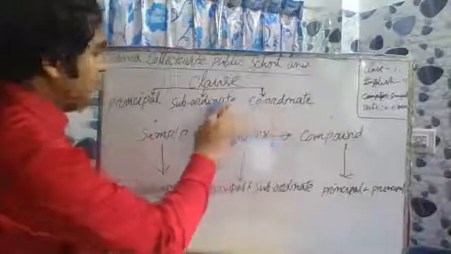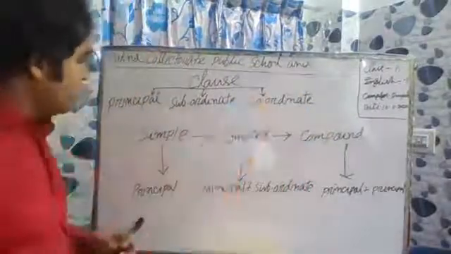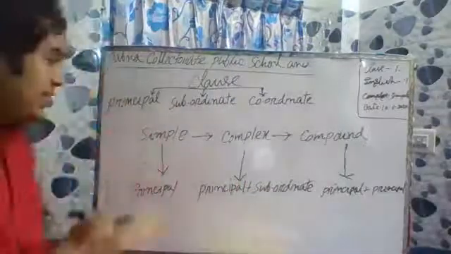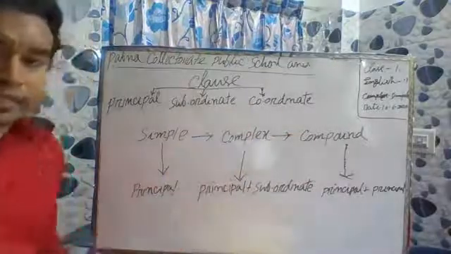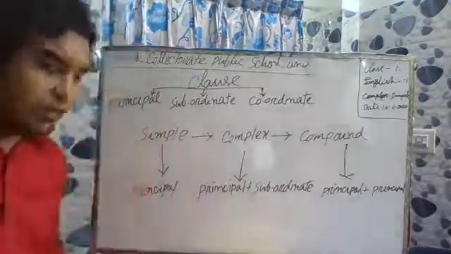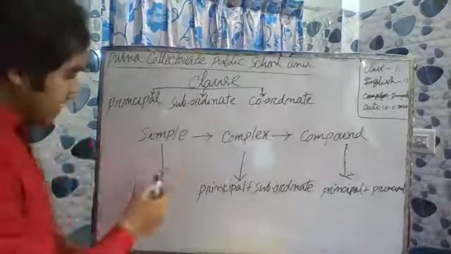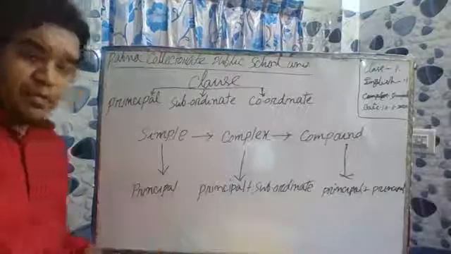Now our main topic, simple, complex, and compound sentence, dear student. Now we will learn what is a simple sentence, what is a complex sentence, and what is a compound sentence. You can see simple sentence. Here I have written principal. That means principal clause.